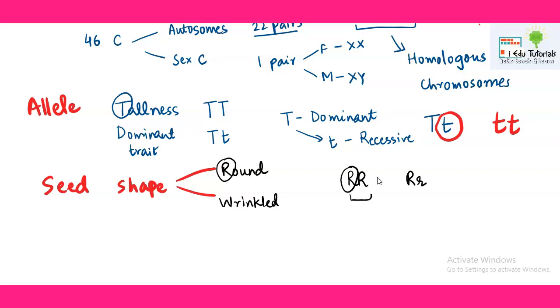So, the expression of round could be capital R capital R, or capital R small r. But wrinkled is the recessive condition, and you already know, I explained it here, that the recessive condition will only express when only recessive alleles are there. So we have to take the small form of this letter, R, and it would become small r.